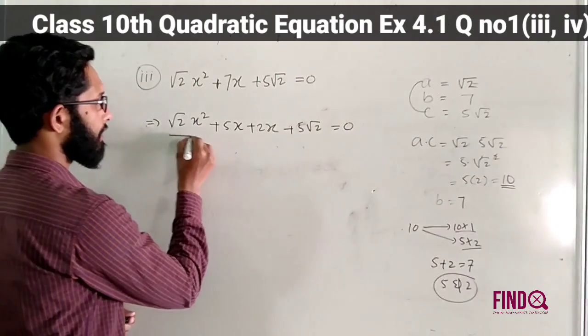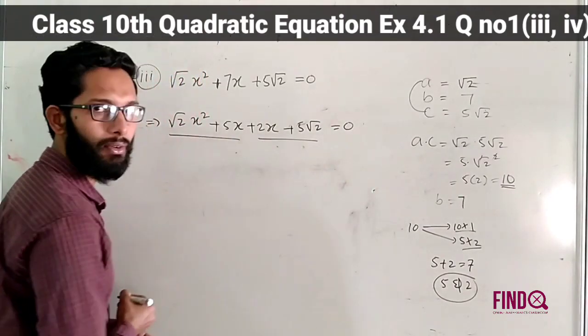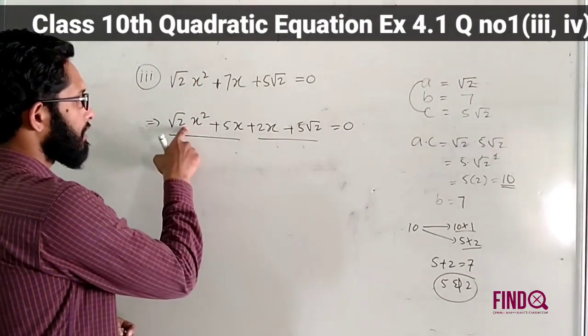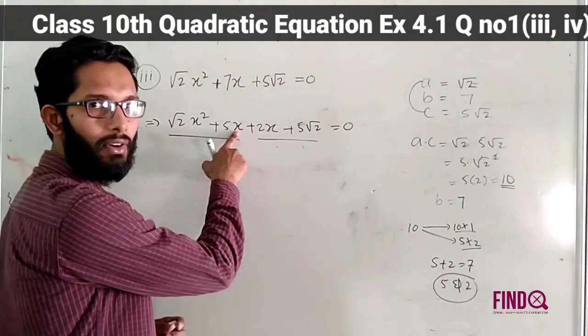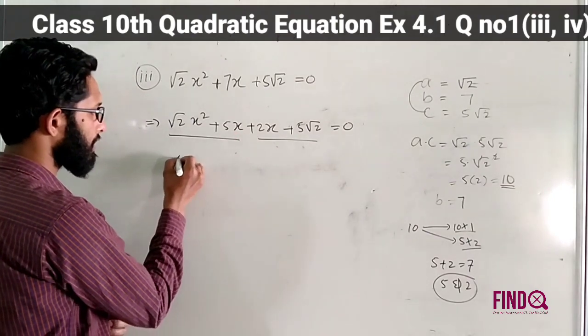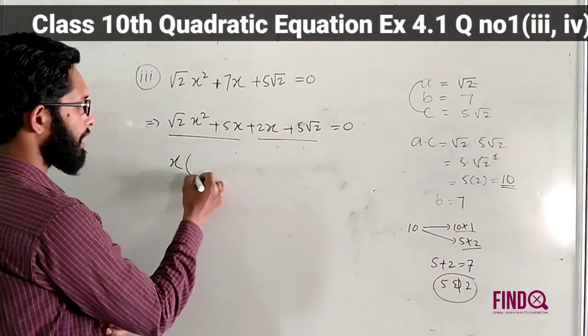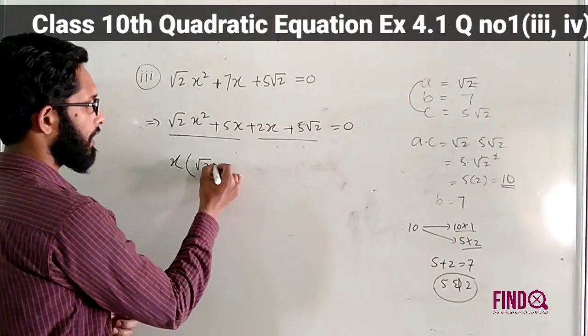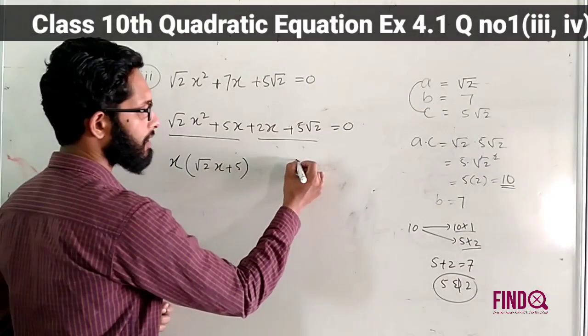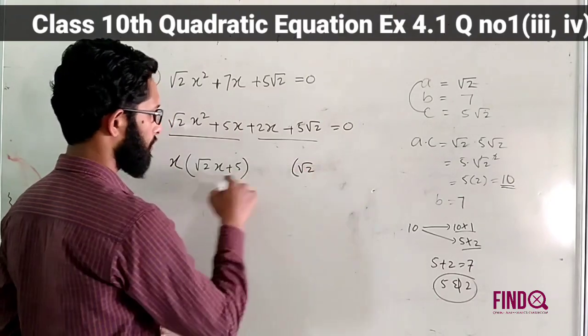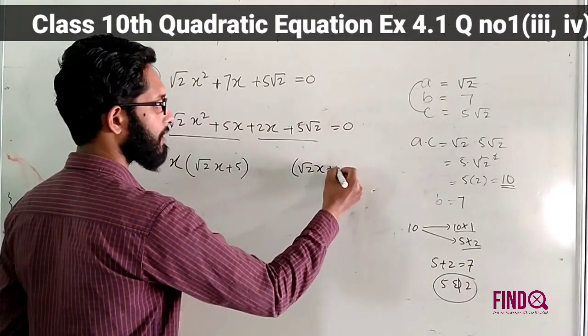Now make the pairs, the first pair and the second one. Here root 2 x square is root 2 x into x and 5x means 5 into x. So we take x as the common factor and the remaining is root 2 x plus 5.